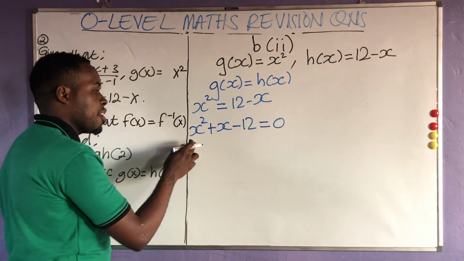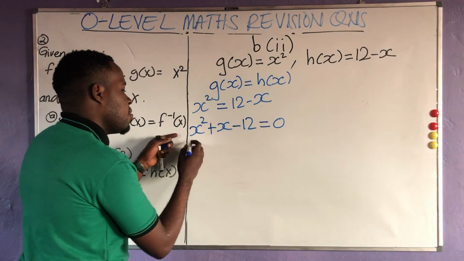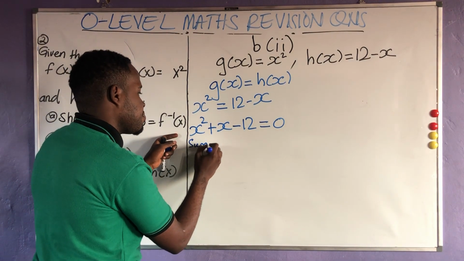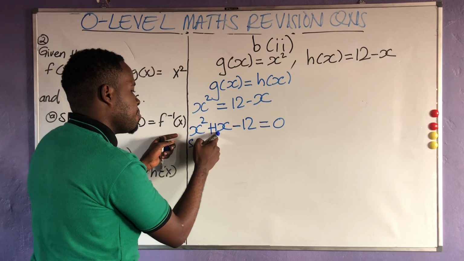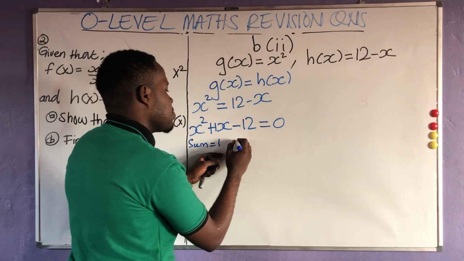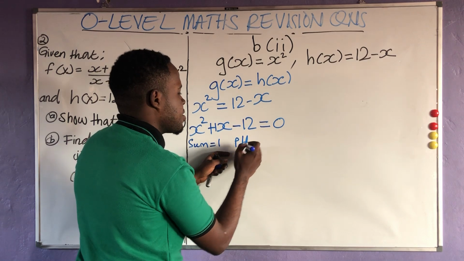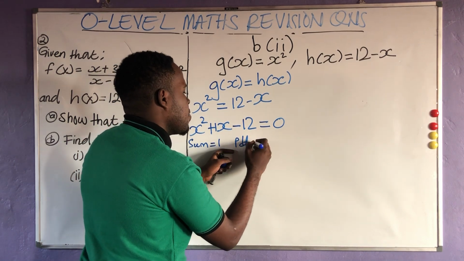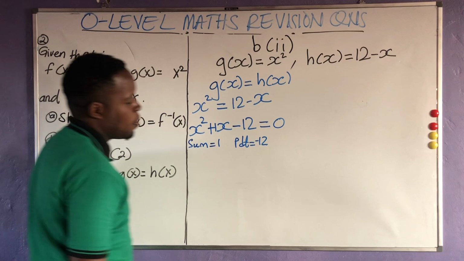So for this equation here, we are going to extract what we call the sum. The sum is the coefficient of x, and it is 1. Then we shall also have what we call the product. The product is our negative 12.